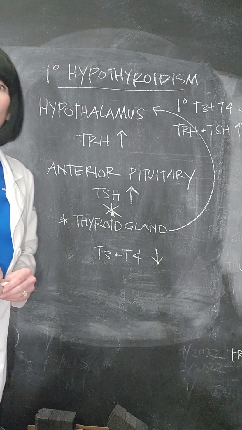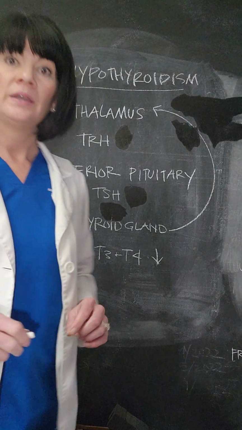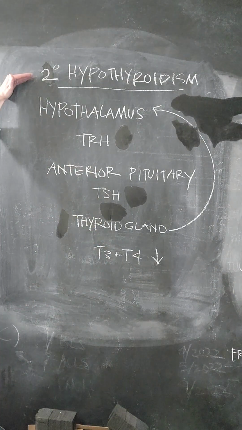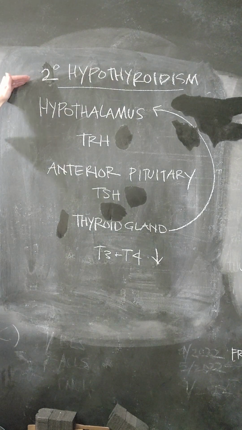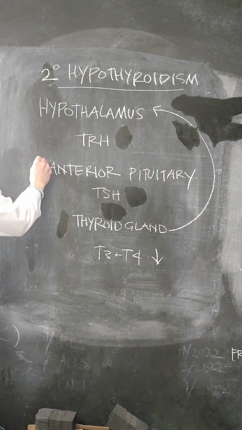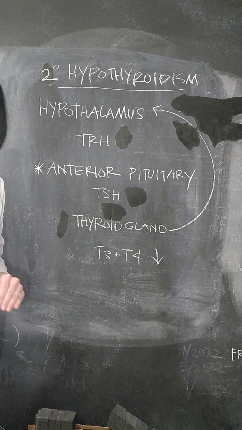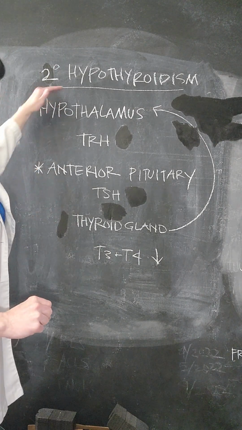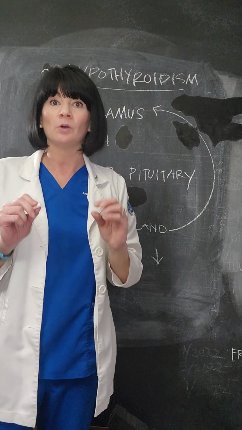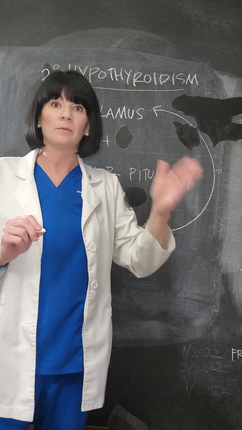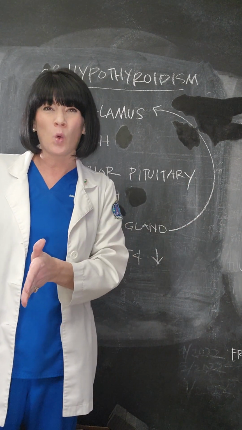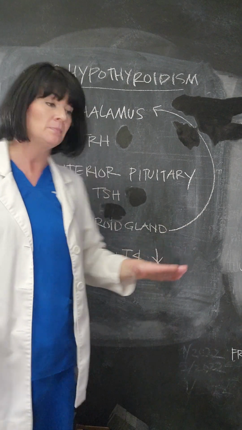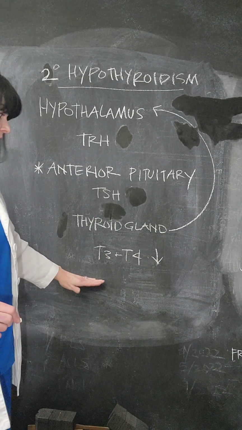That is for primary. Now we move on to secondary hypothyroidism. When it comes to secondary, the problem is in the anterior pituitary gland itself. Because we are still with hypothyroidism, no matter what is happening with primary, secondary, or tertiary hypothyroidism, T3 and T4 will always be decreased.